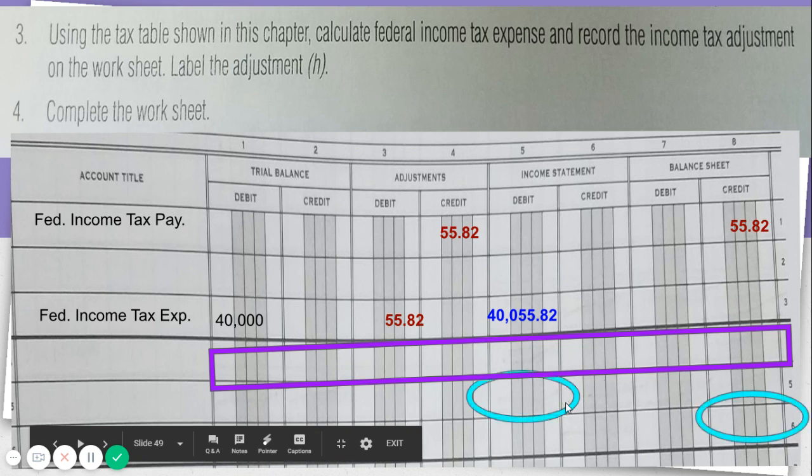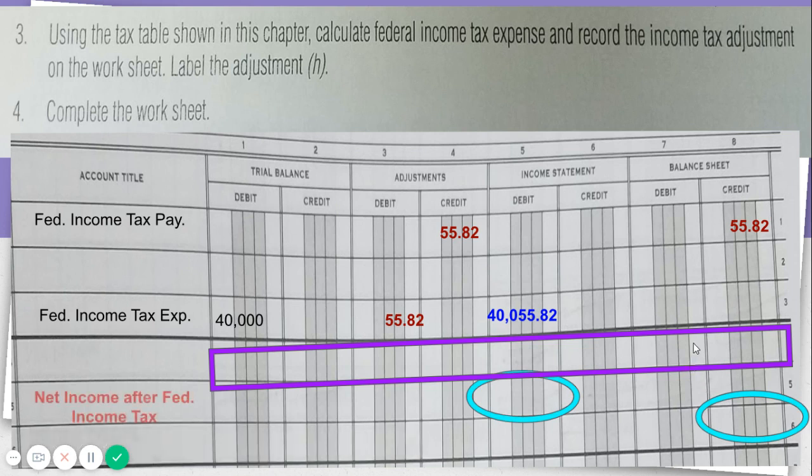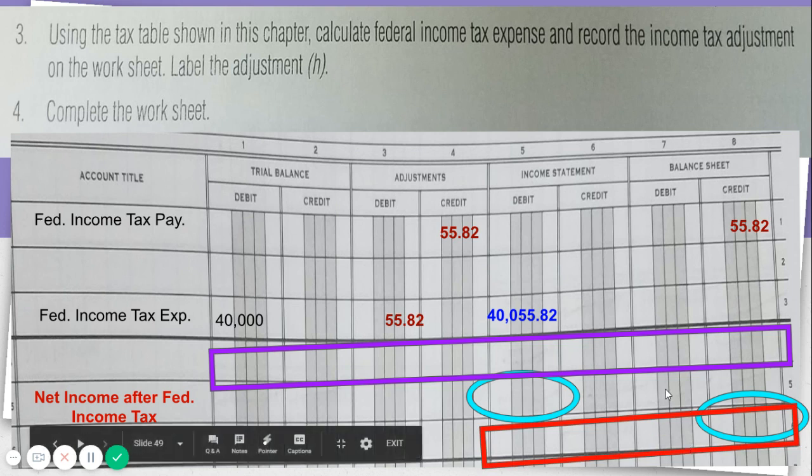Place them in the appropriate places. Then carry your balances down. Make sure you label your net income as net income after federal income tax. You carry your balances down. And that was section 6.